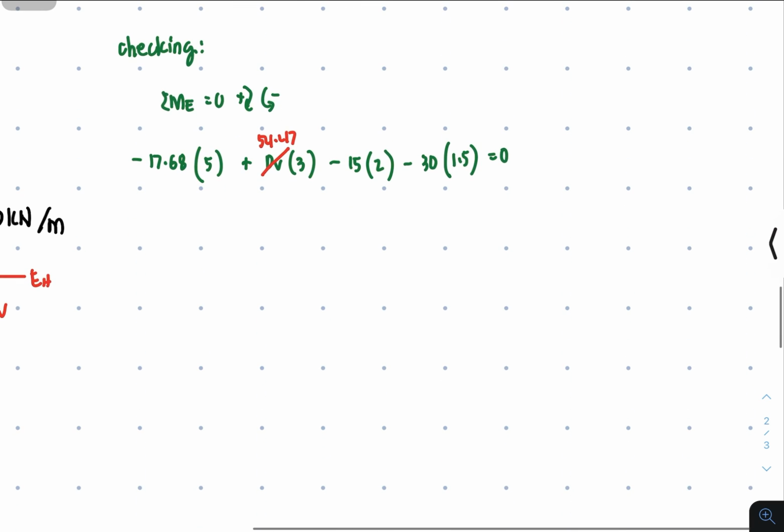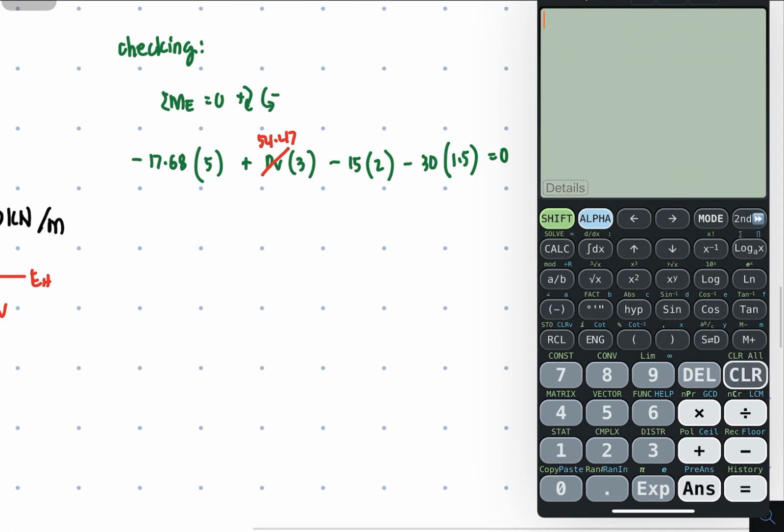Okay, so let's check once more. That's the importance of having the checking, so you would know whether you made a mistake or got the answer correct. So let's do the checking now. 17.68 times 5 plus 54.47 times 3, then minus 15 times 2, then minus 30 times 1.5.